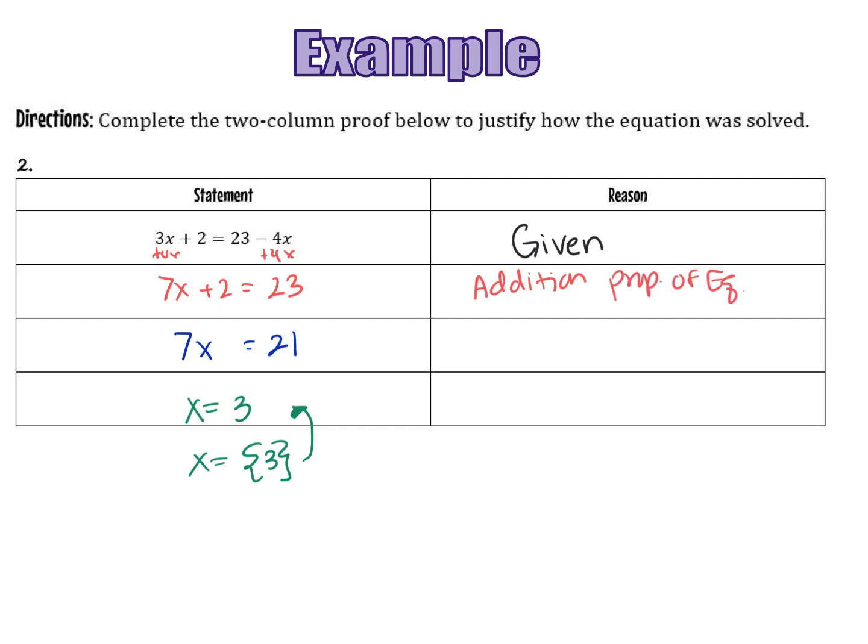To get from the second line to the third line, what did I do to both sides? I moved the 2, and how did I move the 2? I subtracted, so that's the subtraction property of equality. Again, because I am subtracting on both sides. And then to get from 7x to not having 7 in front, we divided on both sides, so that is the division property of equality.